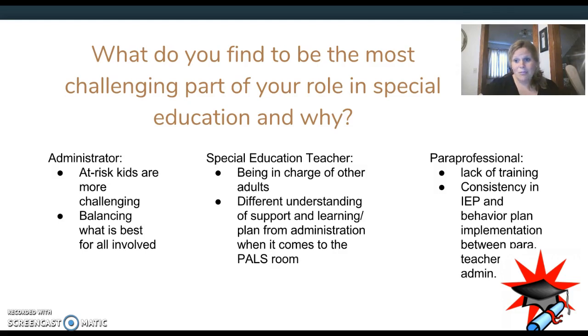The para might have one plan because they're in the classroom with that child, the special education teacher might have something different, and the administration had a different idea, and that didn't seem to be as consistent as it could be, at least in our district. So a challenging role for them was being one of 4 parties trying to get what was best for our kiddos.